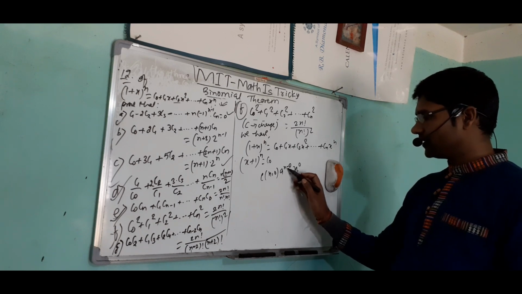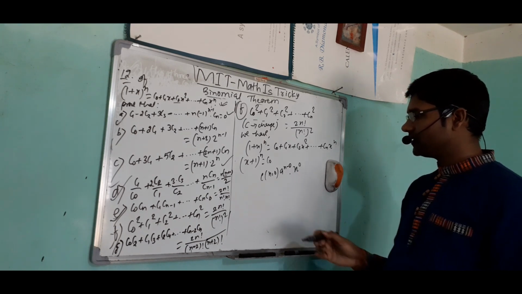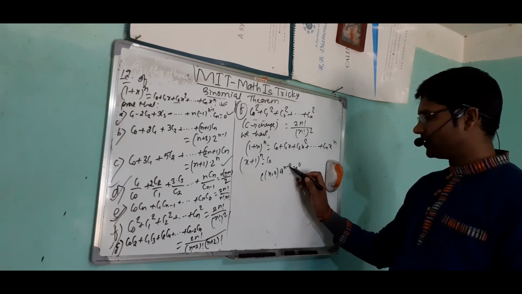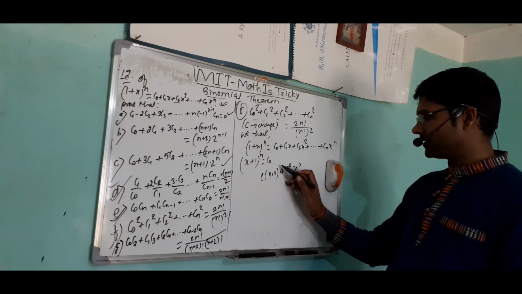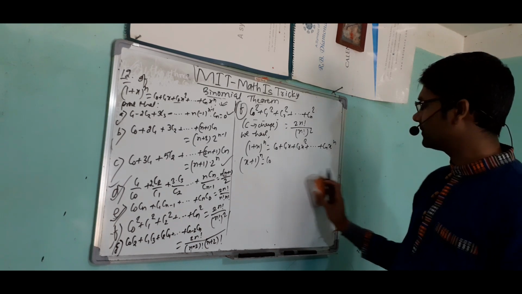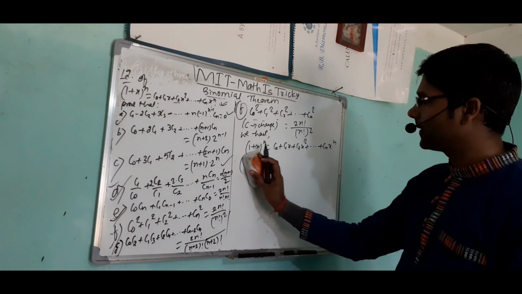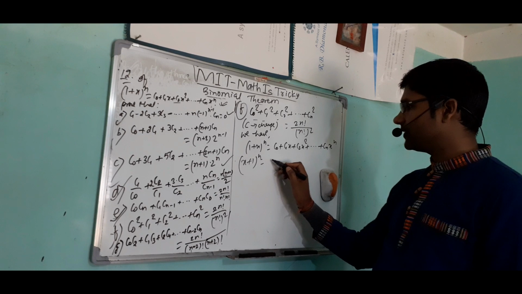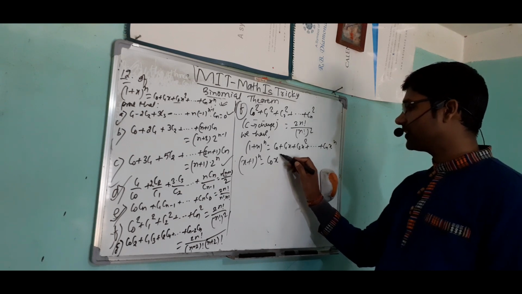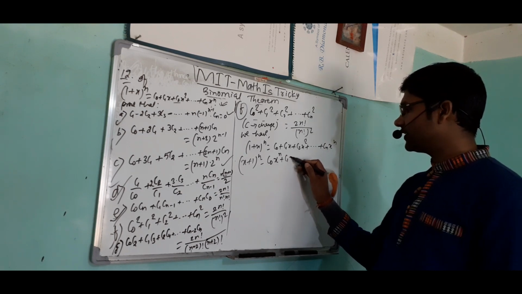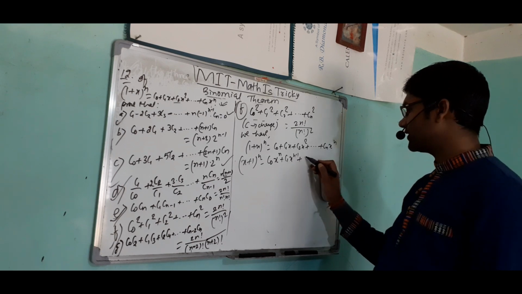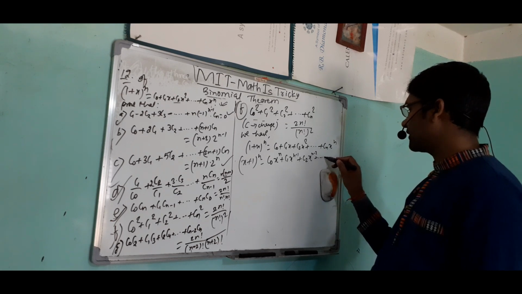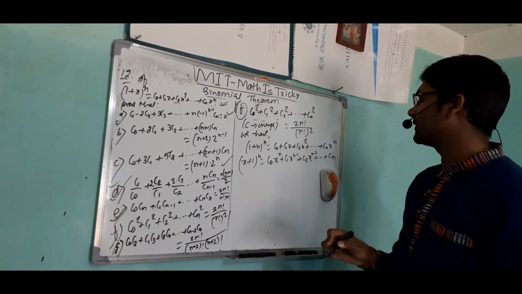So in this case, x power 0 means 1, and C(n,0) means here C(n,n). Okay, look here, for (x + 1) it will be simply C0 x power n plus C1 x power n minus 1 plus C2 x power n minus 2 ... at last Cn.